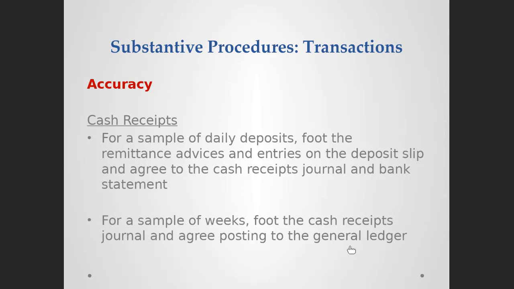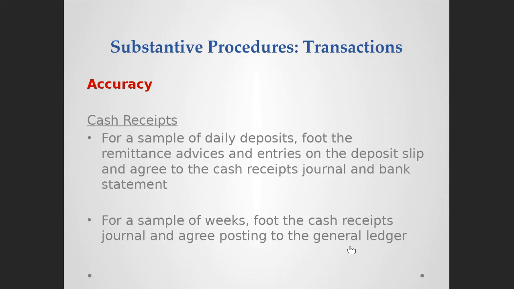But the general ledger will have only one for that daily sales, right? So you want to make sure that the amount in the cash receipts journal entries matches the general ledger journal entry, okay? To make sure that items are recorded accurately.